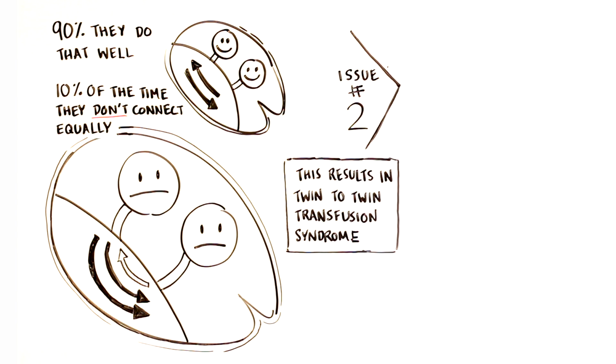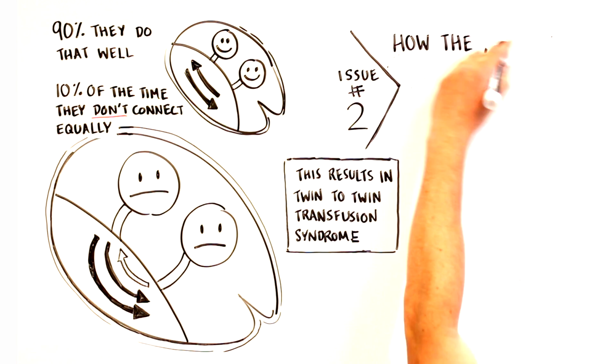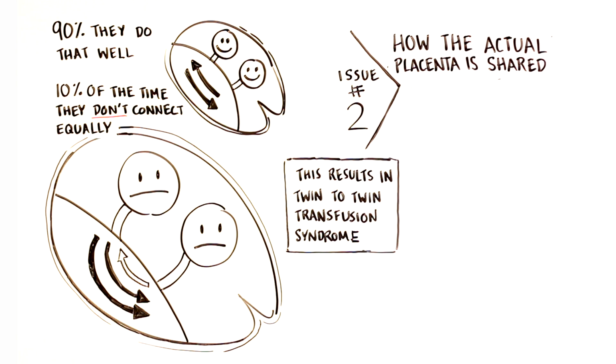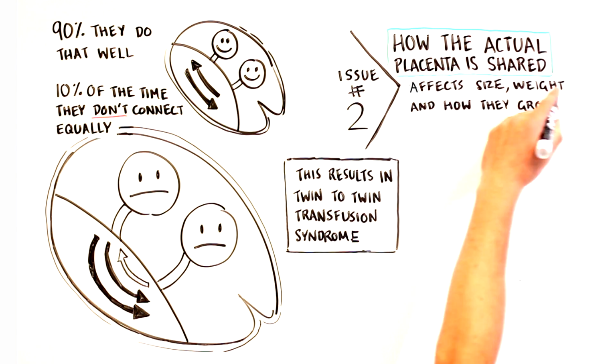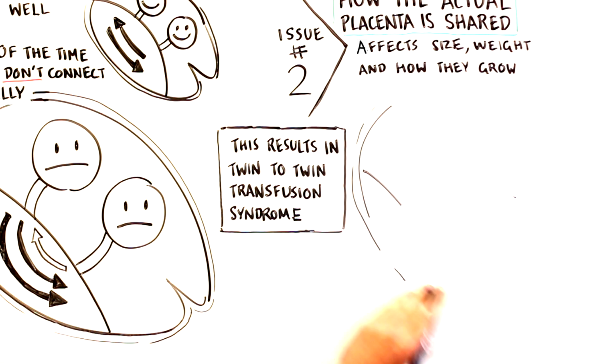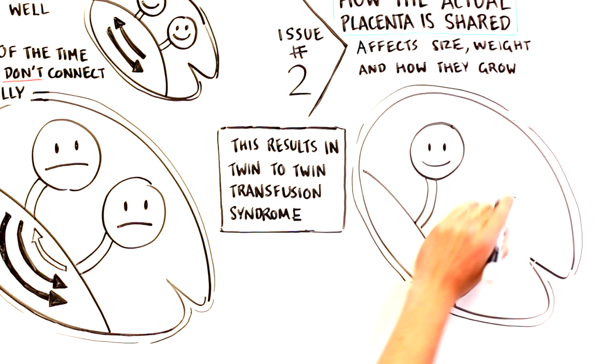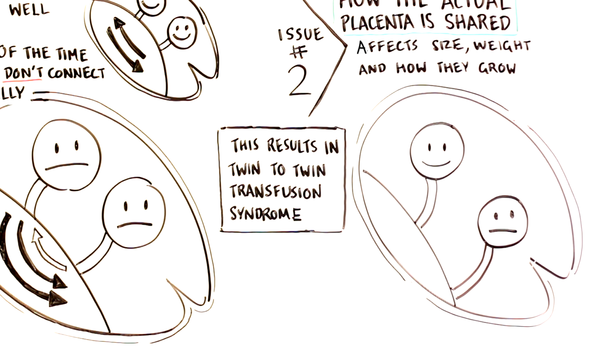The second really interesting thing about monochorionic twins is how they share this placenta overall, which has more to do with their size and their weight and how they grow. For example, when we look at this placenta and one umbilical cord inserts near the center and the other at the margin, if you drew an imaginary equator between the two cords, you can very quickly see that one fetus really has only about a third of the placenta available to it, and the other fetus has two thirds of the placenta available.